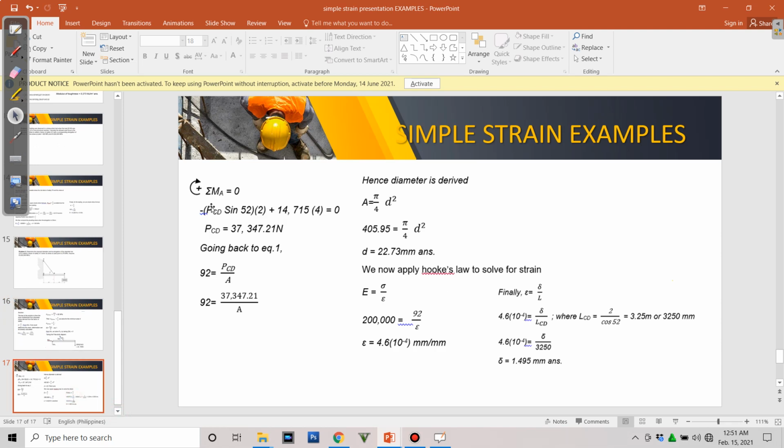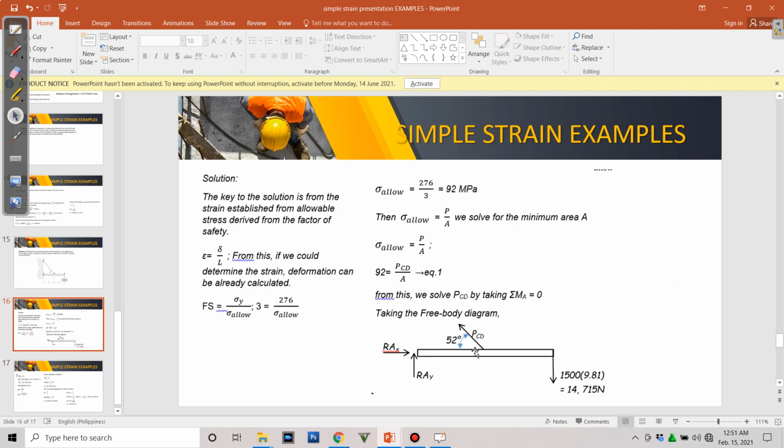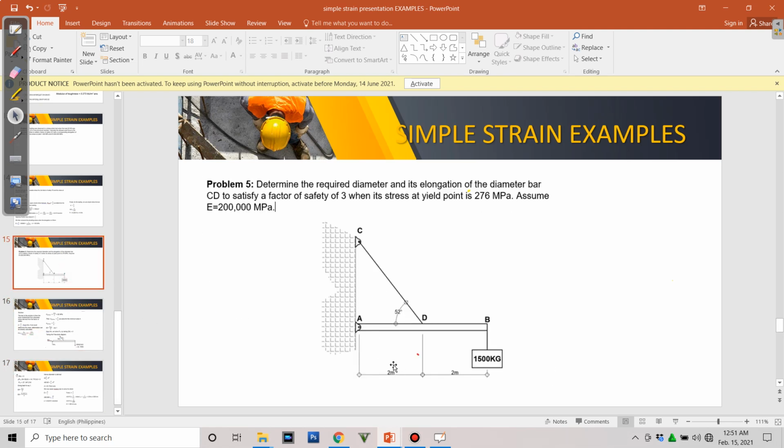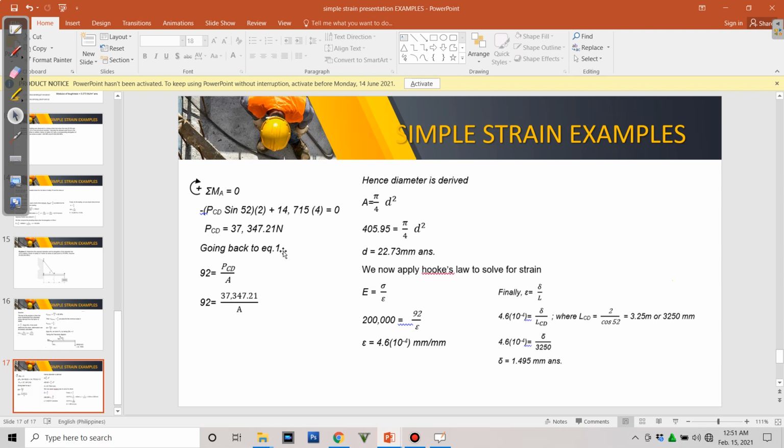So we have taken moments at A, so negative PCD, or the vertical component here is opposite your angle, so sine 52 multiplied by moment arm, so we have here 2. Okay, so that's 2, and then plus your weight will have a clockwise rotation by that times moment arm 4 from A, then we equate it to 0, we can get the value of PCD.